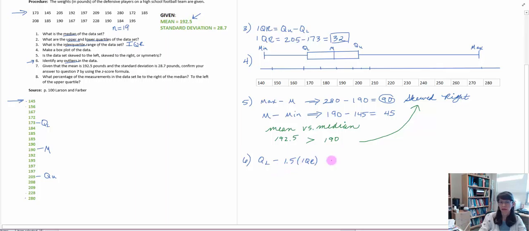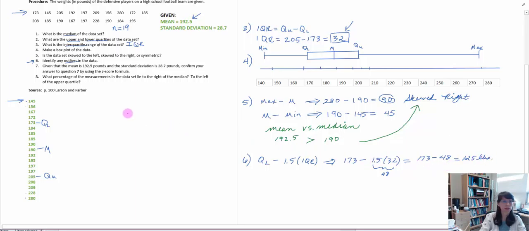So we need to make a little substitution here. The lower quartile was 173, and we'll be subtracting 1.5 times IQR. Remember, we calculated that already as 32. 1.5 times 32 is going to give us 48. So we're taking 173 minus 48, and that gives us 125 pounds.